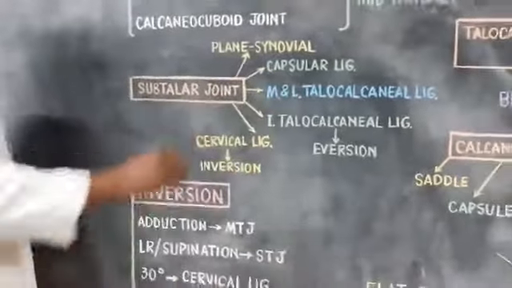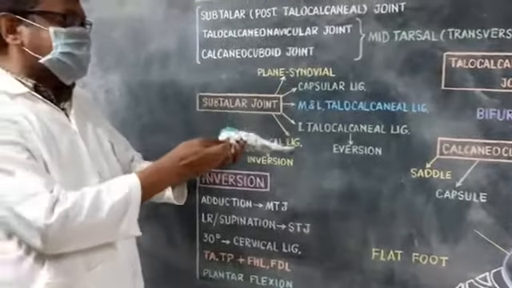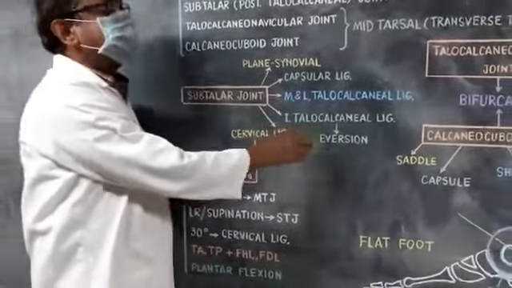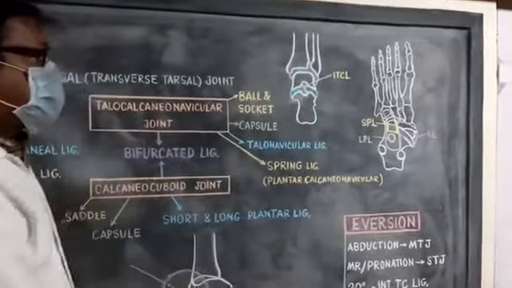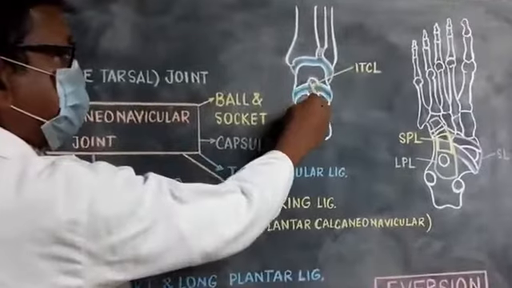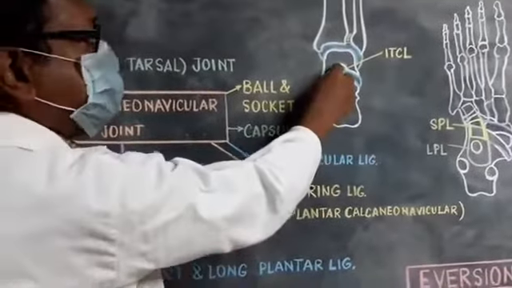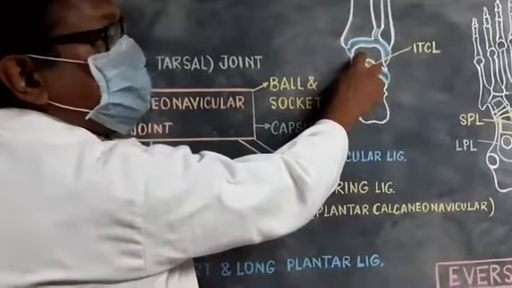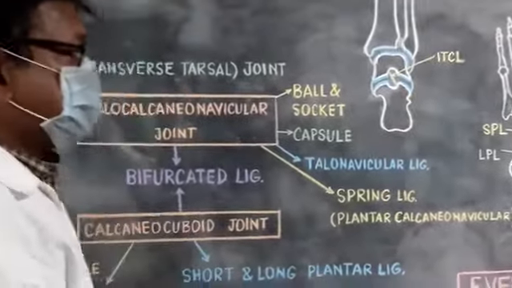Joints includes capsular ligament, medial and lateral talocalcaneal ligaments and interosseous talocalcaneal ligament. This is a strong ligament, occupies the sinus tarsi. It extends from the sulcus tali to sulcus calcanei.